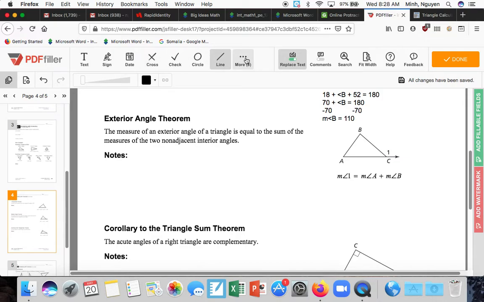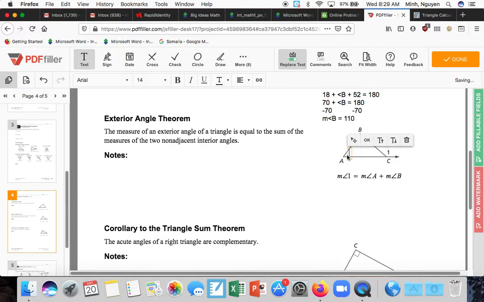To do that with numbers, if this was 50 degrees and this was 40 degrees.